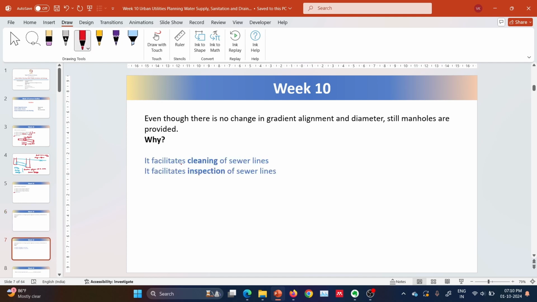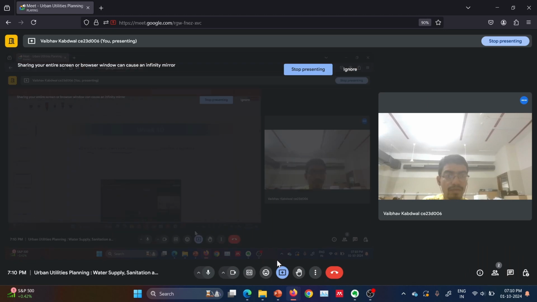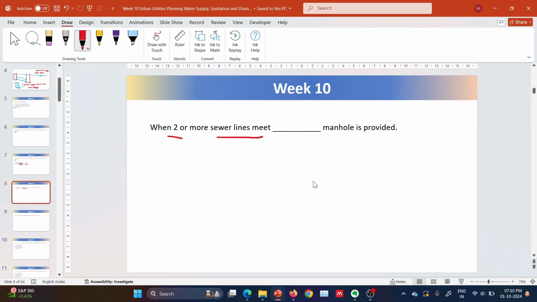Why? It facilitates cleaning of the sewer and inspection of the sewer lines. That's why. When two or more sewer lines meet, which type of manhole is provided? At that time we need to provide a junction manhole.